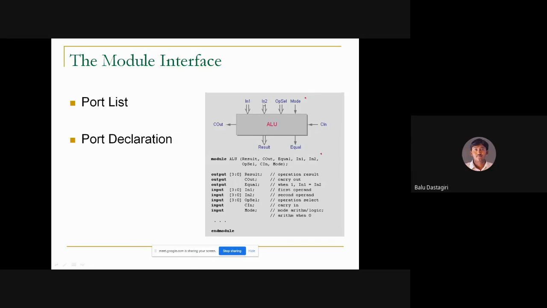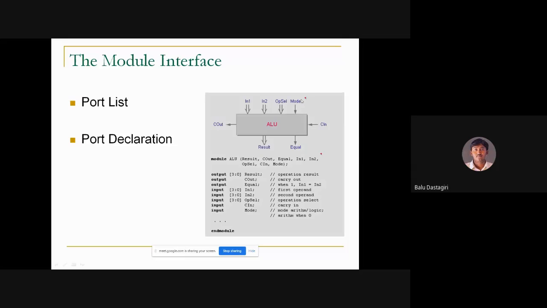Similarly, in1 and in2 are inputs, and operation select is one more input whose size is 3 down to 0, so input [3:0]. That means the input you are giving will be in1[3], in1[2], in1[1], in1[0]. This is how you specify the sizes of your inputs. After that, cin is one more input, a single variable, so input cin.